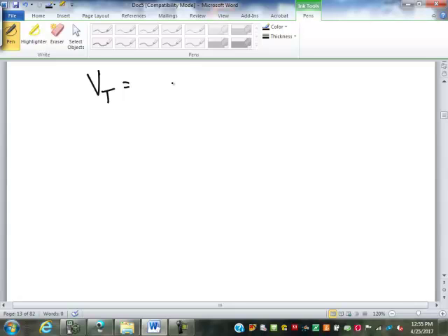Okay. Well, let's say I give you that the total voltage is 250 millivolts. Voltage across the resistor is 150 millivolts. Voltage across the inductor is 90 millivolts.